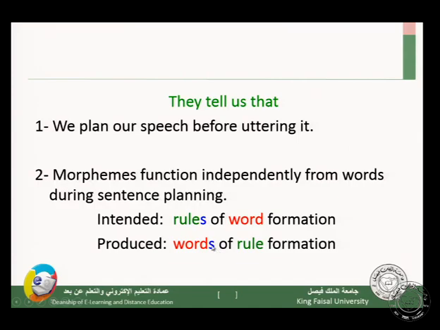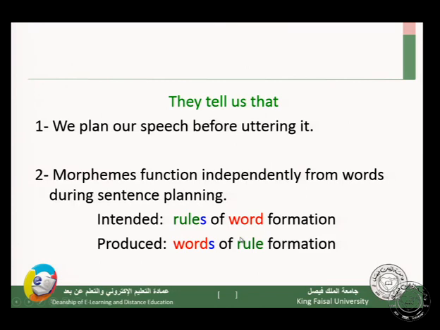It is because he intended to say rules, but rather said words. So this tells us that before we speak, we prepare, we plan. Of course, this does not take a long time. It might take a split of a second to plan speaking a sentence.